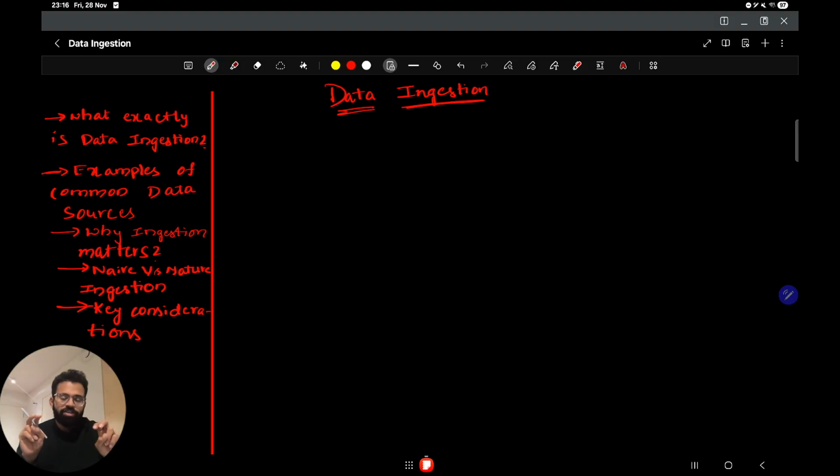That's not the official definition of ingestion, but whenever the data enters from data sources into your data platform, that first touch point is called ingestion.